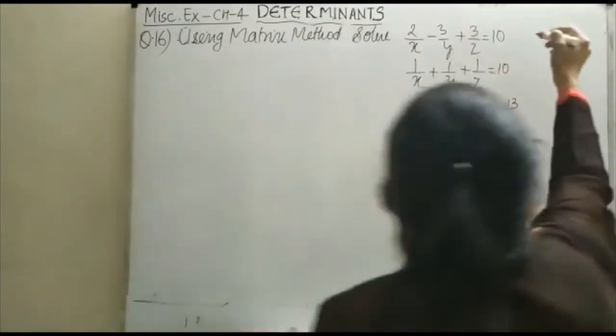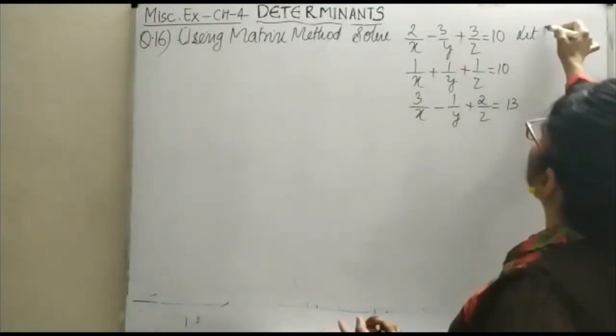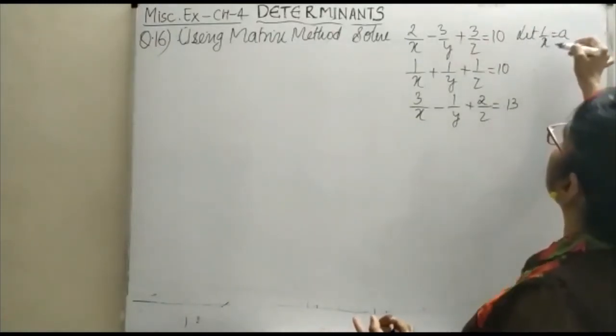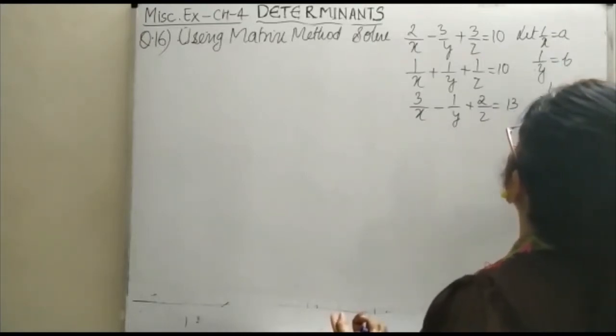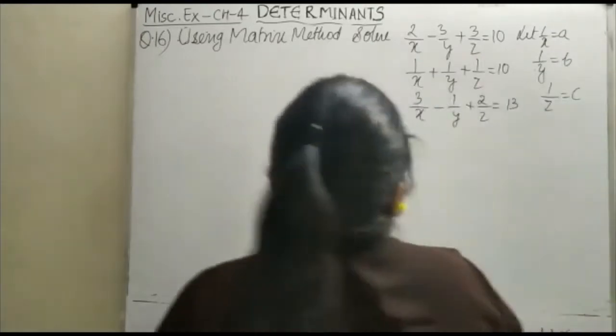So here we will take 1 upon x equal to a, 1 upon y equal to b, and 1 upon z equal to c.